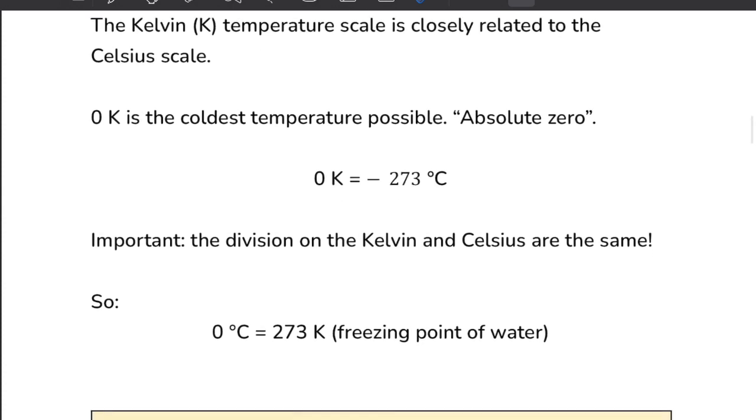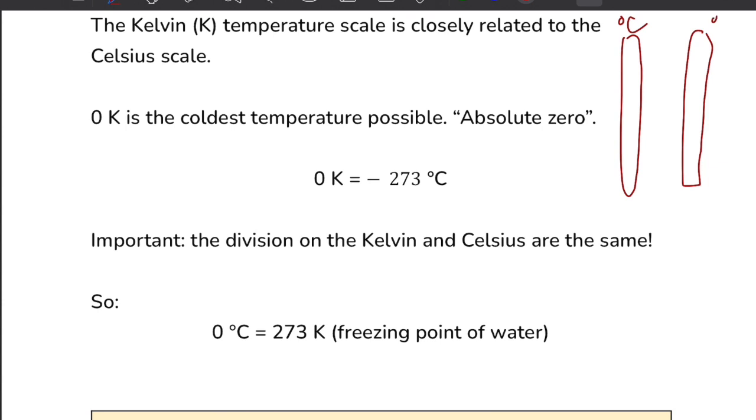Now, the next point about the Kelvin and the Celsius scales is that they have the same divisions. Now, what does that mean? So let's say, for example, this is my thermometer for degrees Celsius, and this is my thermometer for degrees Kelvin. Let me put actual numbers.